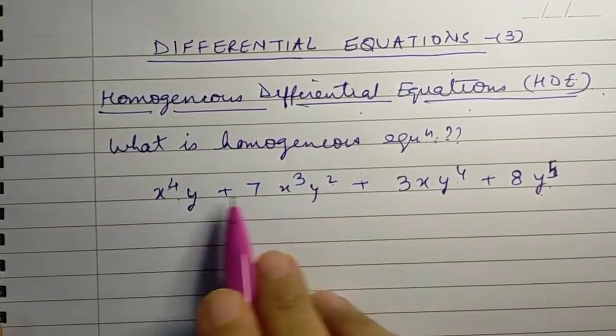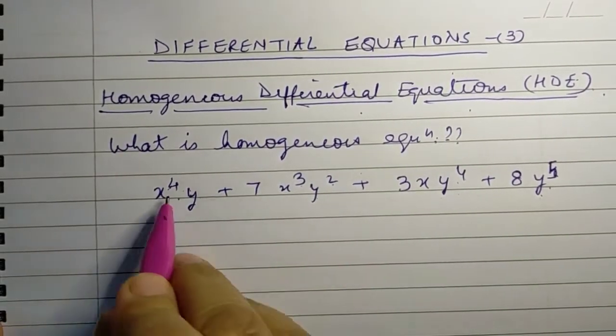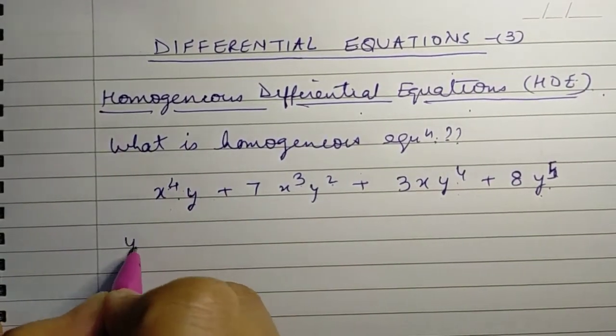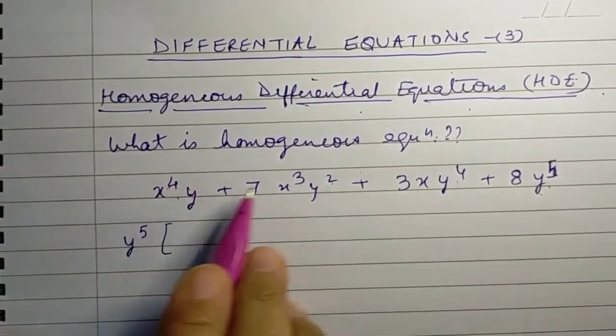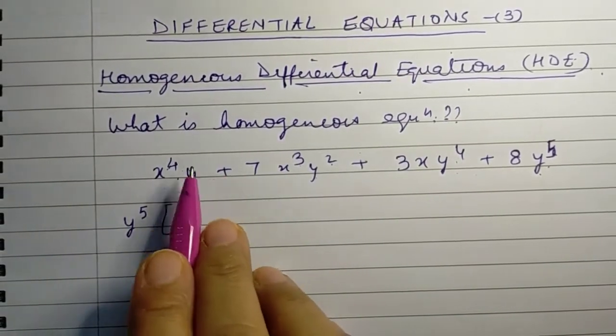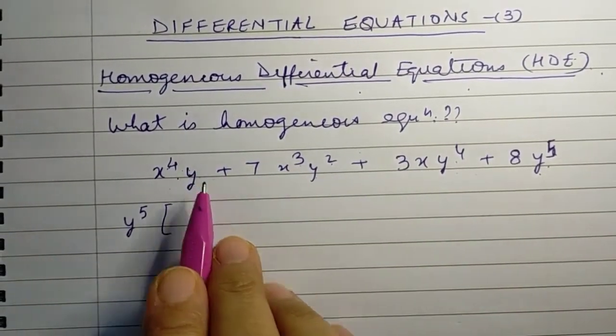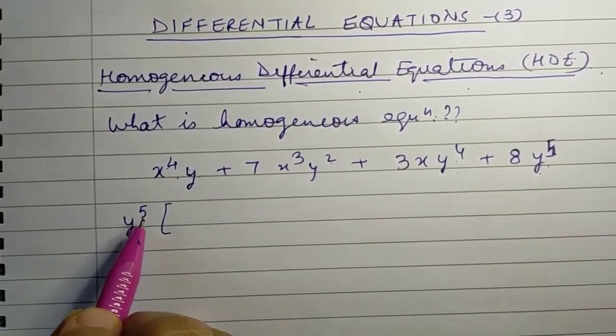Now, what is so special about such an expression? That we can take whatever is the highest power, we can take y raised to power of 5. Highest power not of the term but of the individual degree. Whatever is the degree of each term, we take that common. So suppose I take out y raised to power 5.